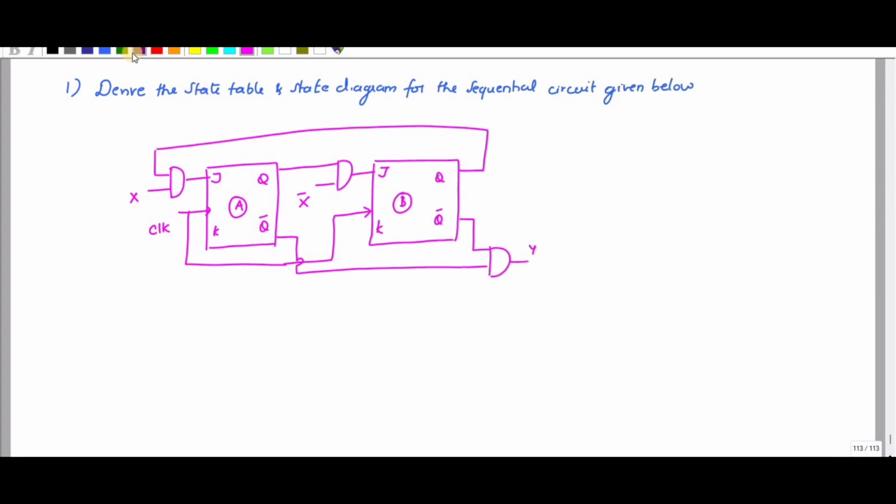Y is equal to QA bar, QB bar. So here the output Y depends on the present state, right? Therefore it is called a Moore machine.